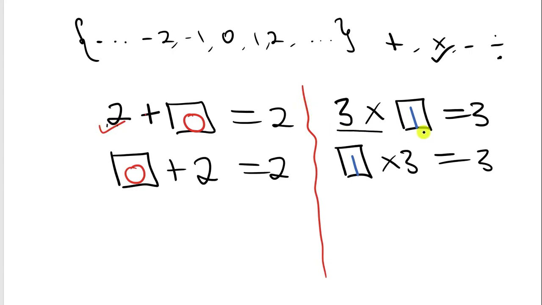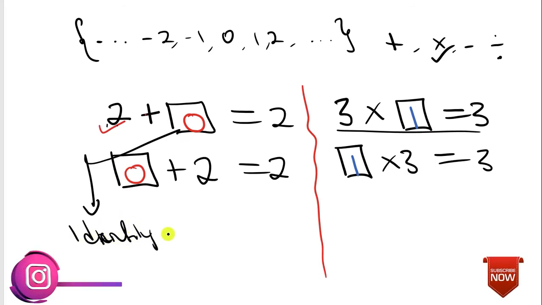For the second scenario, we also realize that 3 times a certain element gives us 3. Now, a situation whereby an element from the set operates on a different element and the result remains unchanged, then that element that is causing that is known as the identity element. In this case, the 0 that we are having here is known as the identity element.